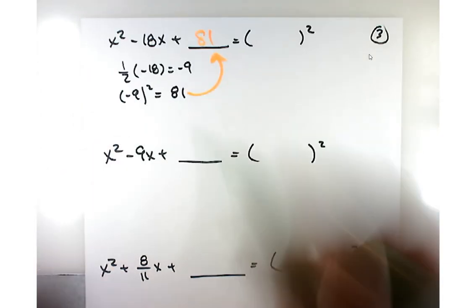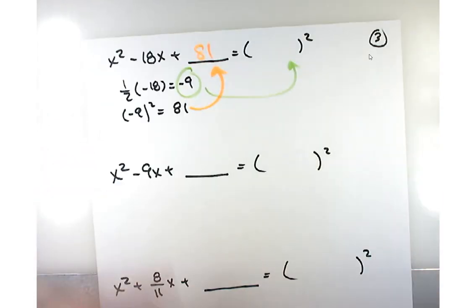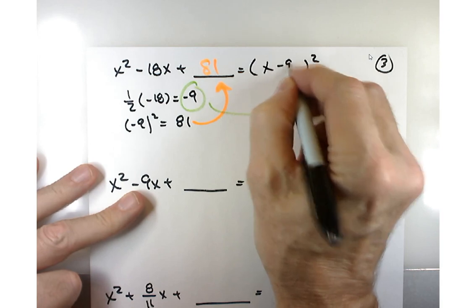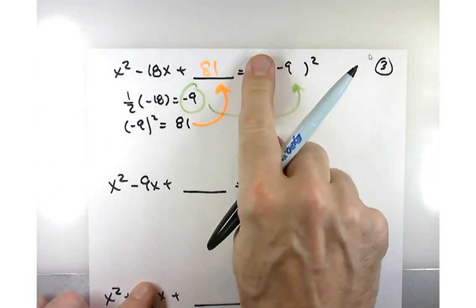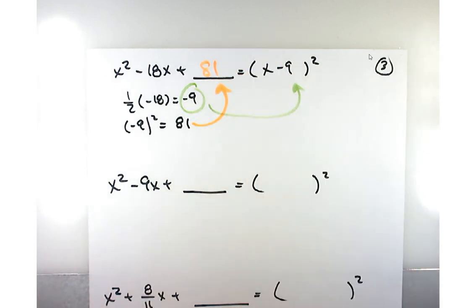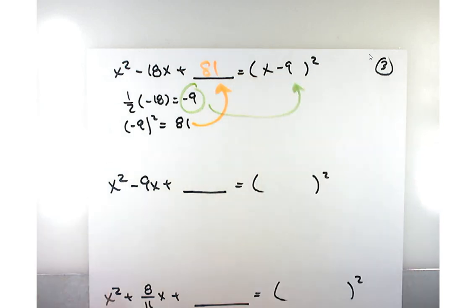And the negative 9 helps us out here. You're going to get x minus 9. So great, you use both of those numbers. Don't just give me minus 9. That would be wrong. Minus 9 squared is 81. You need the x minus 9 to get the whole thing.